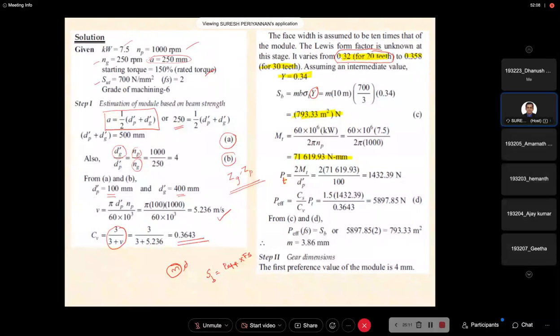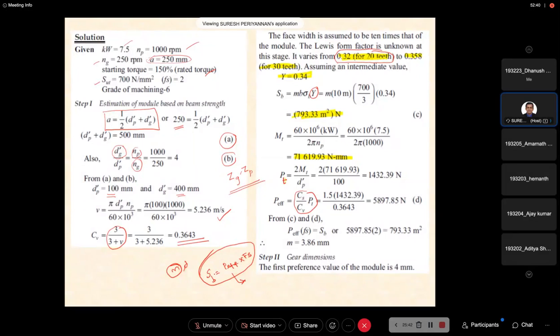P effective is nothing but Cs by Cv into Pt, because our module is going to be defined using this relation. Even that we discussed in the theory. While we discussed, we derived m from this relation. Hence, I would like to find my module m from this relation now.